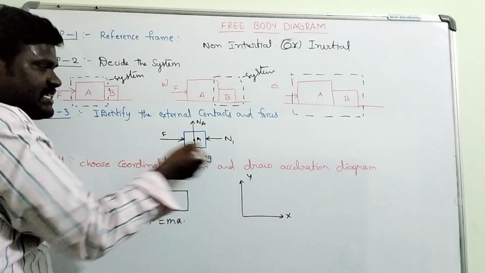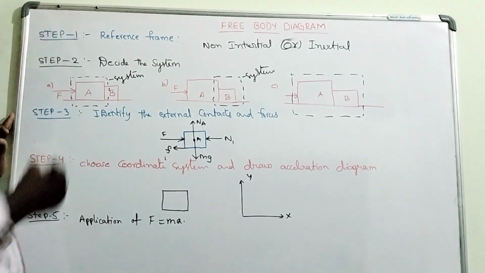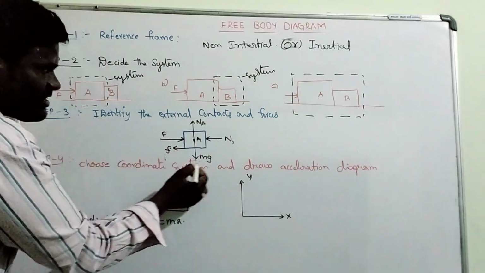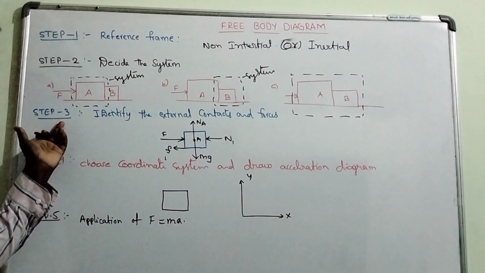And when the system is in contact with a surface, then a frictional force also exists like this. These are the forces or contact forces that we need to find in step 3.